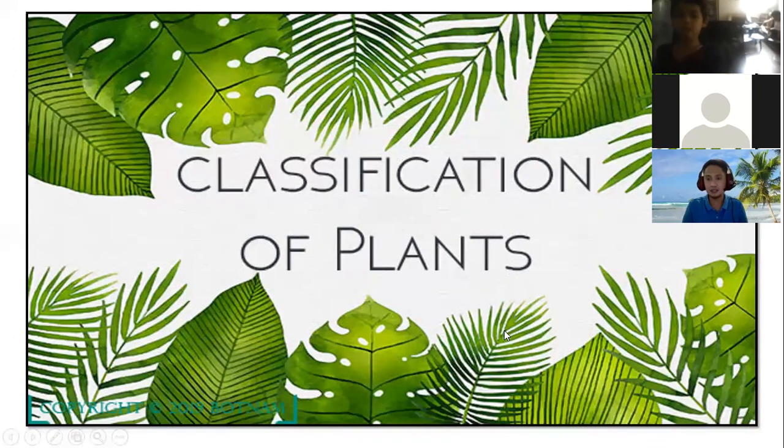Like for example, the animals, we separate them into vertebrates and invertebrates. So that is what we call classification. The vertebrates have 6 groups and the invertebrates have 5 groups. So plants are the same. They have groups and we can classify them.